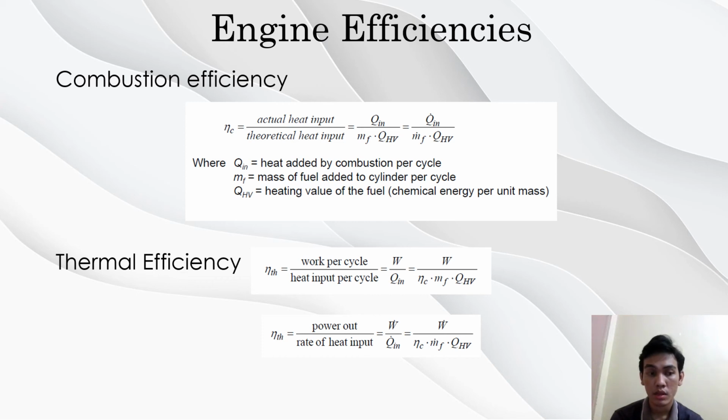In terms of rates, the thermal efficiency is equal to power out divided by rate of heat input. The thermal efficiency can be given in terms of brake or indicated value. The indicated thermal efficiency is normally 50 to 60%, and the brake thermal efficiency is usually 30%.